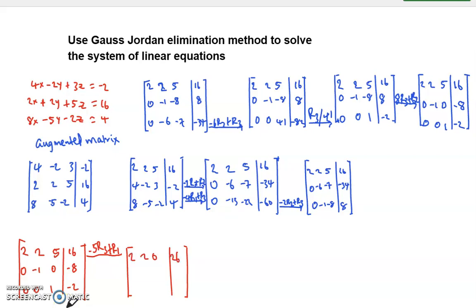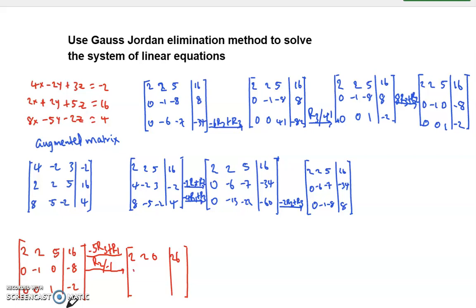Don't forget that all the diagonal elements must also be equal to 1, but not -1. So let's work on row 2, and our target is to make this -1 to be 1 instead of negative. So let's do row 2 divided by -1. That will be -1 divided by -1, which will give us +1.